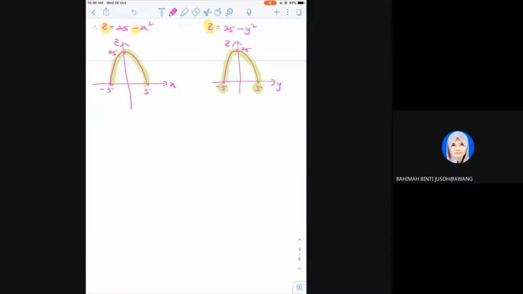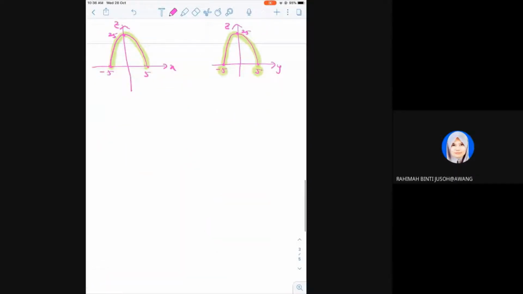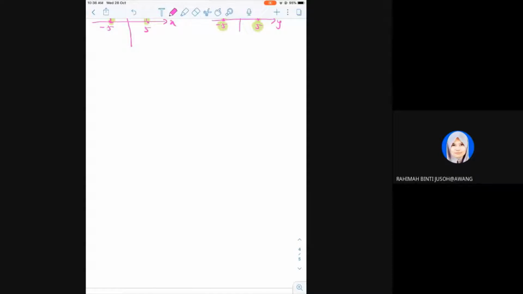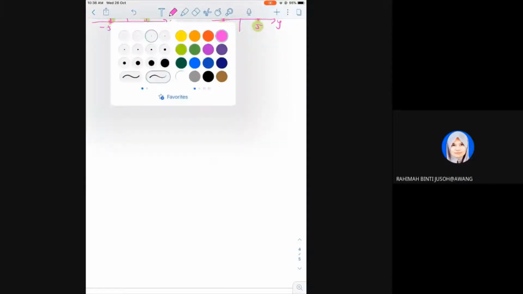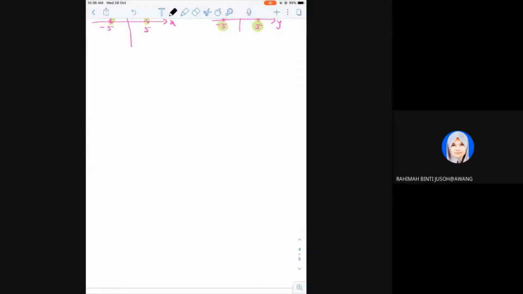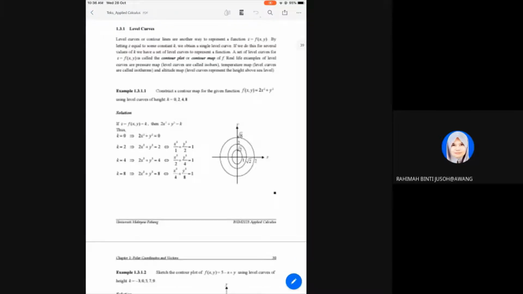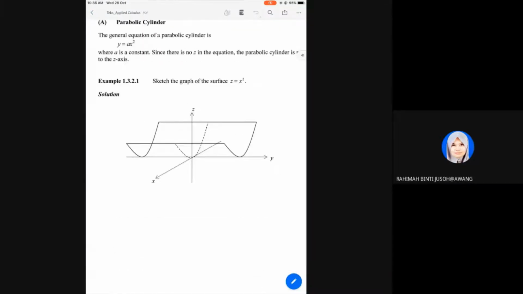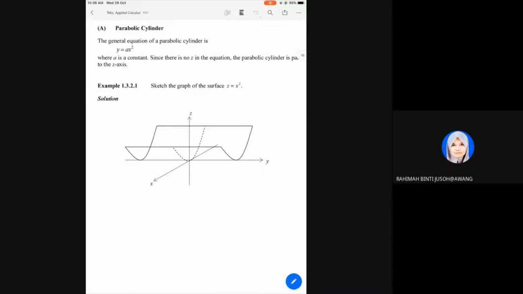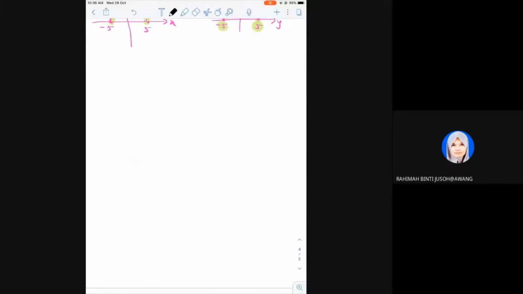All right, so now let us proceed. We are going to learn one by one. First is parabolic cylinder. Let us look at parabolic cylinder. I will give you some examples.